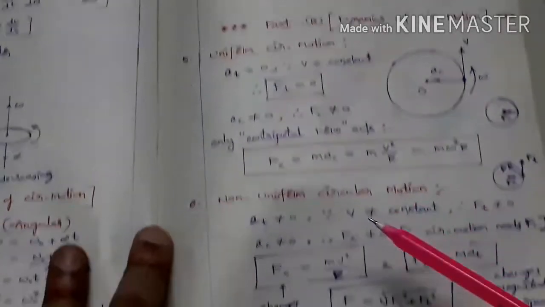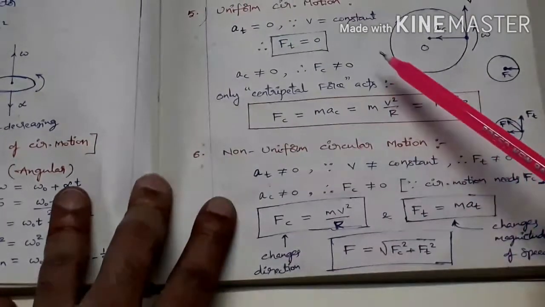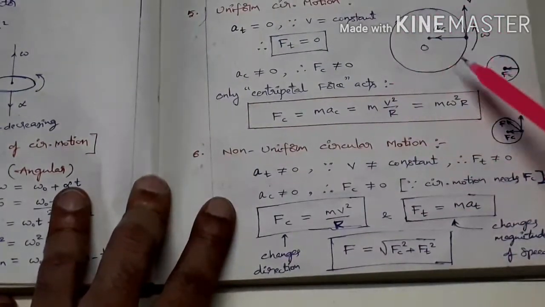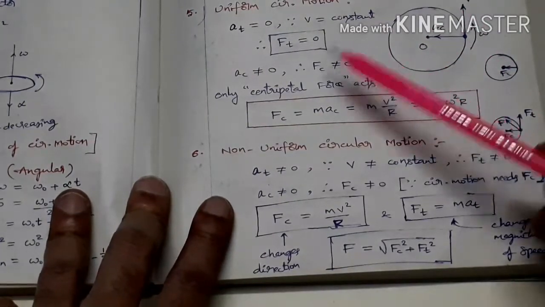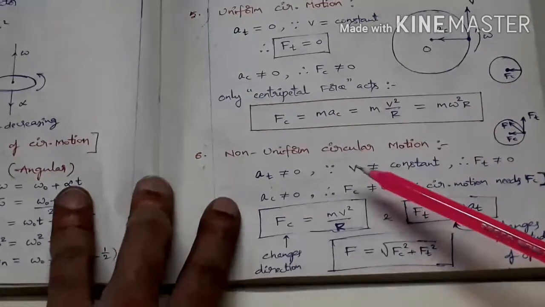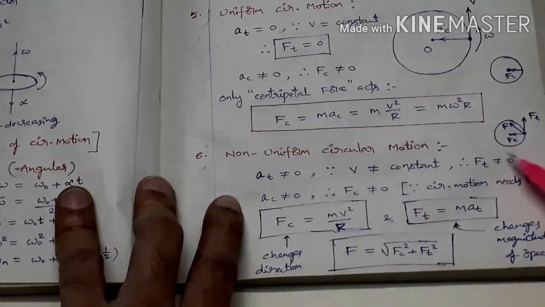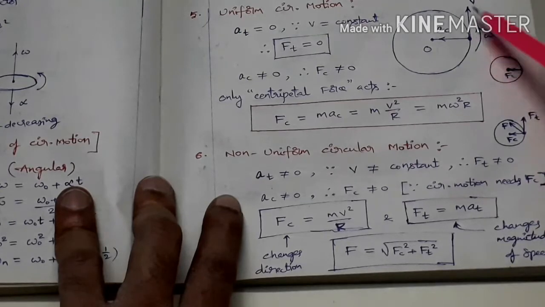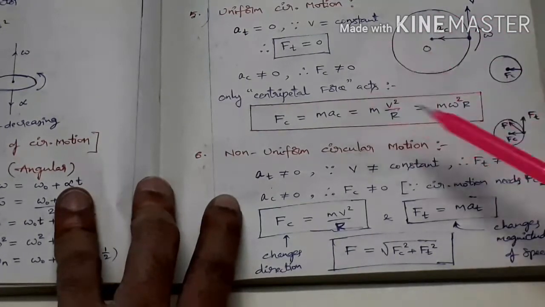Okay, next one, non-uniform circular motion. In the case of uniform circular motion, that is when the particle is moving with a constant speed, there is no tangential force. Tangential force is 0, only centripetal force is there. But in the case of non-uniform circular motion, the particle is moving with variable speed. This is not constant now. At different points the speed will be a different value.